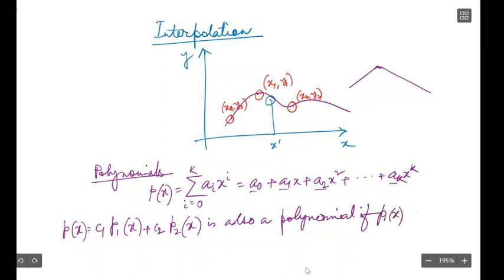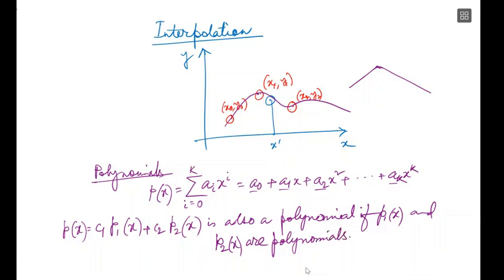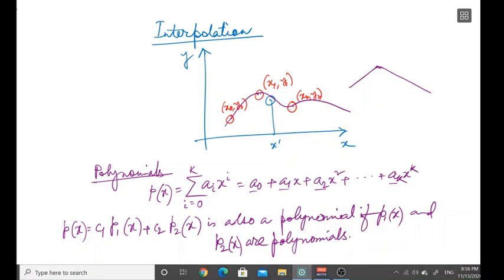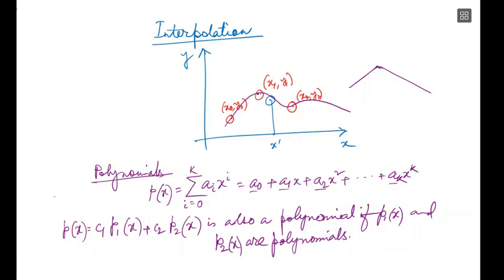By degree of a polynomial, we mean the highest degree of x present in the expression. So when we are taking the linear combination of two polynomials, the degree of the sum polynomial will be the degree of the highest degree polynomial.